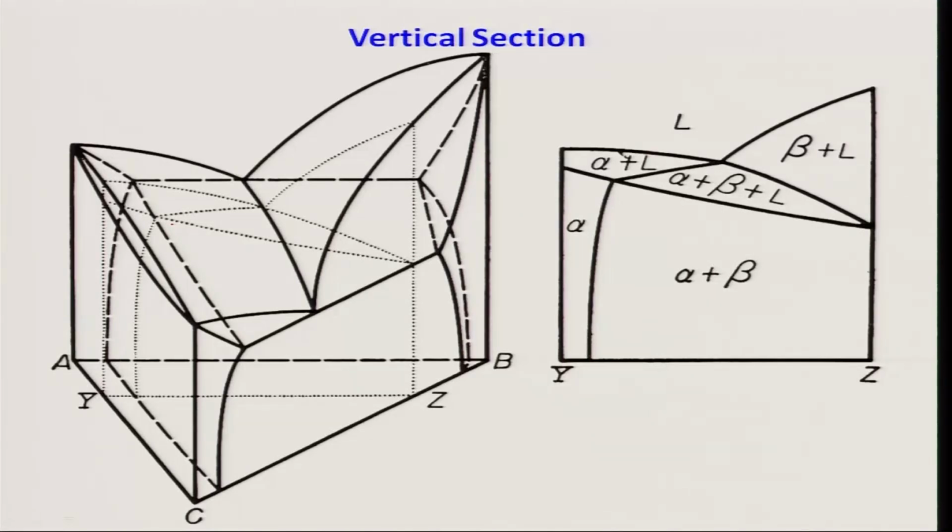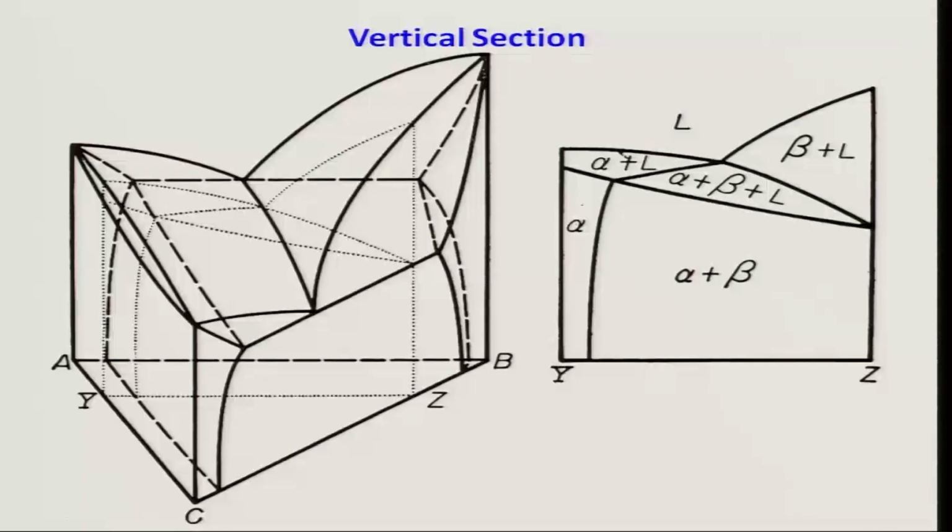Remember, here you cannot draw tie lines, I told you, in the vertical sections, because they are not connecting the phase boundaries of the two phases or three phases, very simple. But one thing you have to remember very clearly, even though it is a vertical section, you go from single phase to 2-phase to 3-phase.